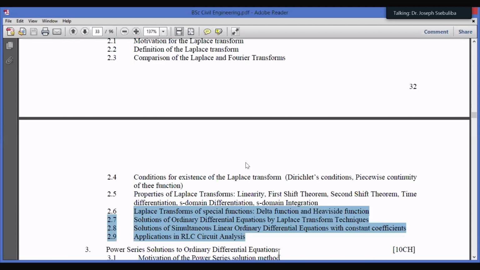This is all directly associated with what we are actually doing from 2.7, 2.8, all the way up to 2.9. This is application of RLC circuits. You've already done some of these.